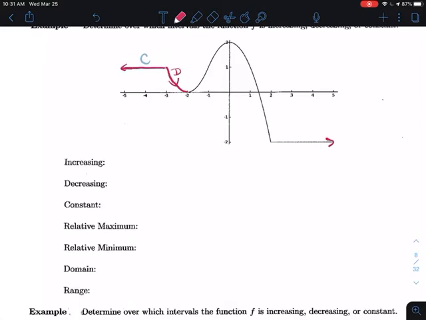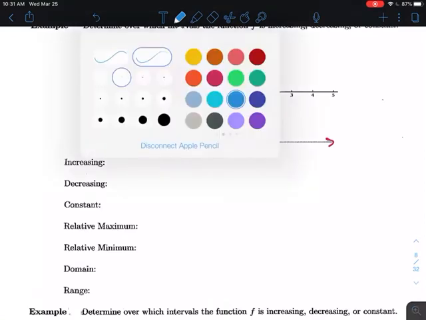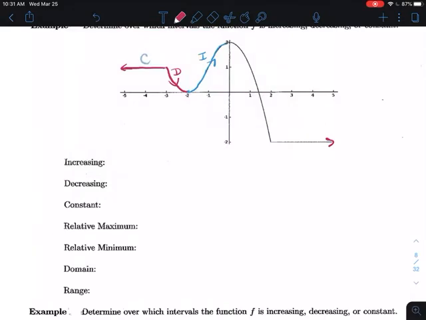That's just decreasing. But when I get to this -2, it starts to increase on this piece. So it doesn't have to be a straight line. It's steadily increasing. It's going uphill. So this is increase. Then when I get here at that peak, which is at x equals 0, it's going to start to decrease.